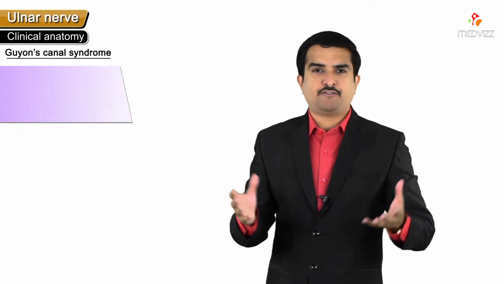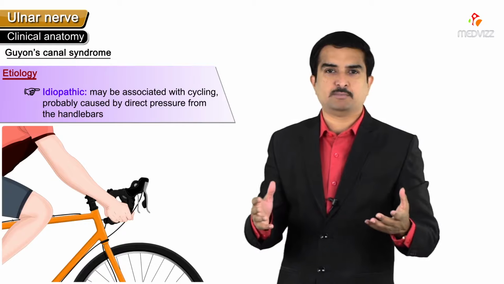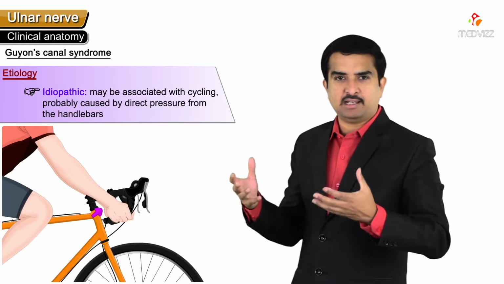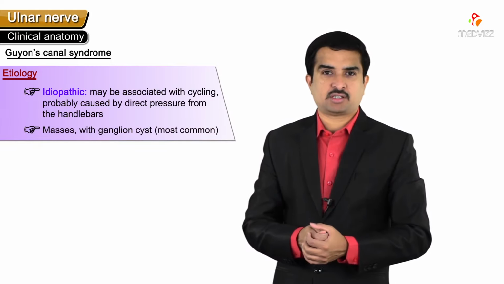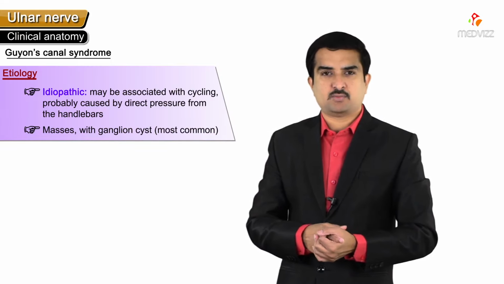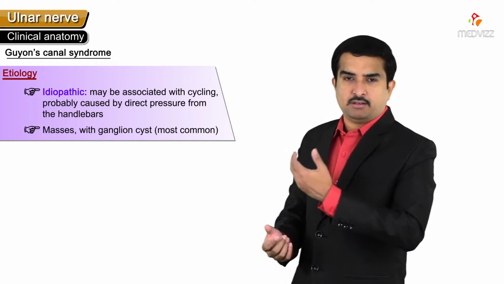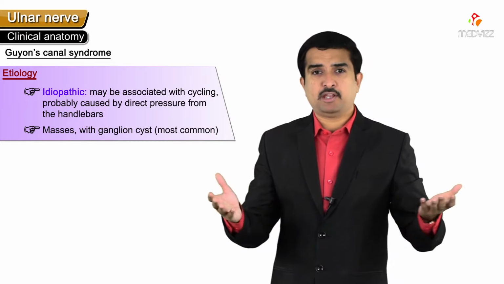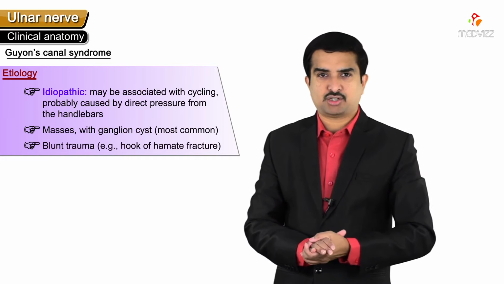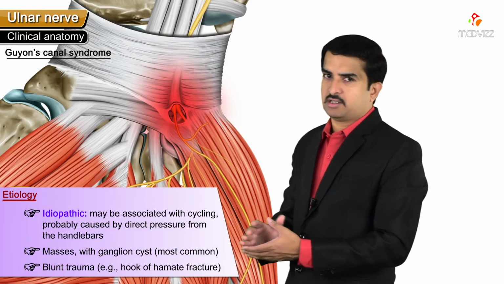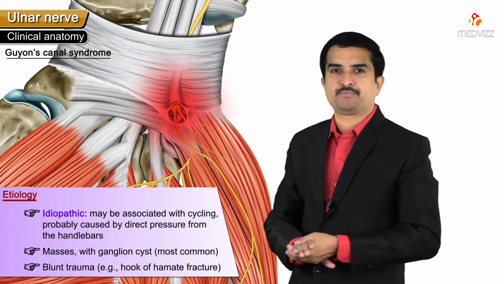The causes most often will be idiopathic or may be associated with cycling, probably caused by direct pressure from the handlebars, or masses, with a ganglion cyst being the most common cause responsible for compression of the nerve in Guyon's canal, or blunt trauma in conditions like fracture of the hook of the hamate. So any of these causes can cause ulnar nerve entrapment or injury at Guyon's canal.